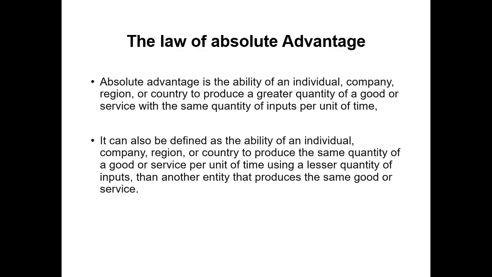The first one is that we are using the same level of resource, but I'm producing more of that good than you. That means I have absolute advantage as compared to you. On the other hand, we are producing the same quantity, but I am using a lesser resource. That also means that I have a higher absolute advantage as compared to you.